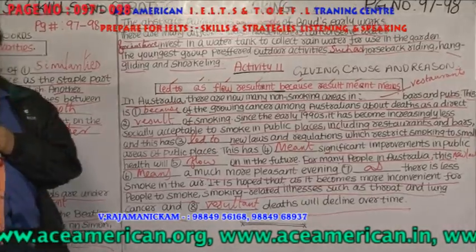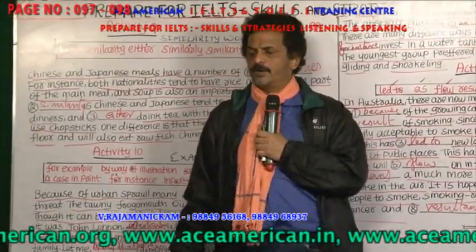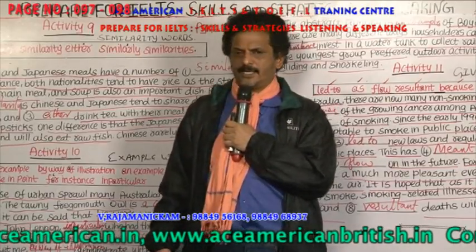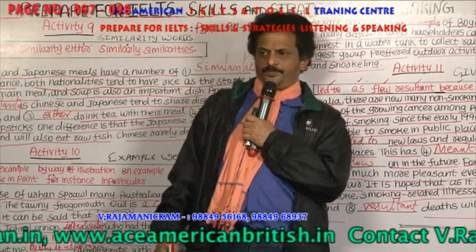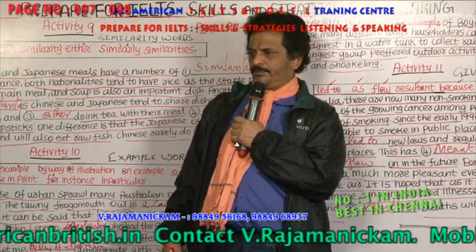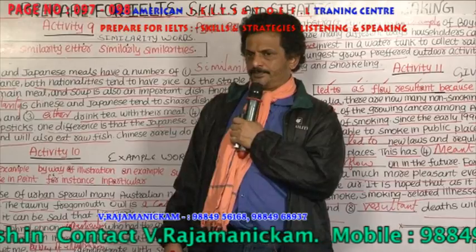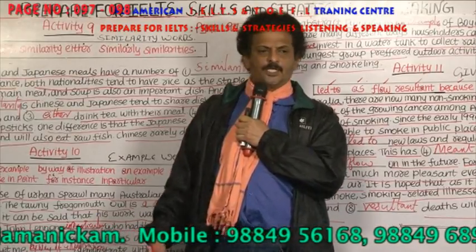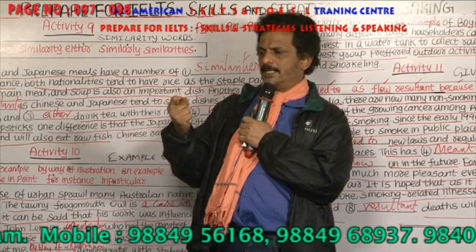So these are the words used for cause and effect. So any other words used for cause and effect, can you tell? Though, because of, if. Okay, all these words are used to say the cause and effect, right?